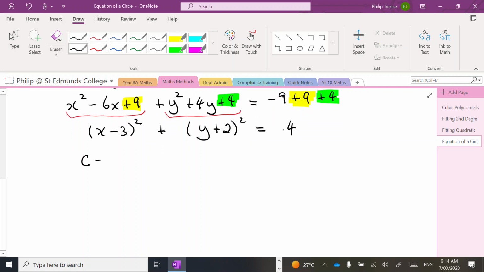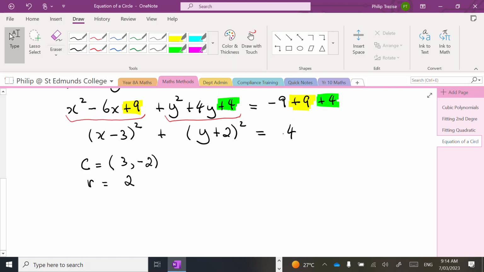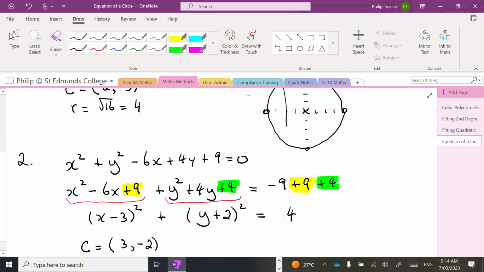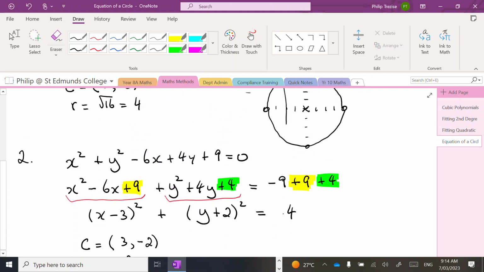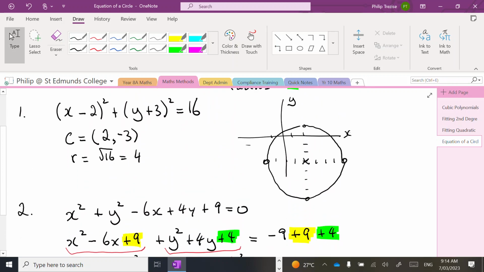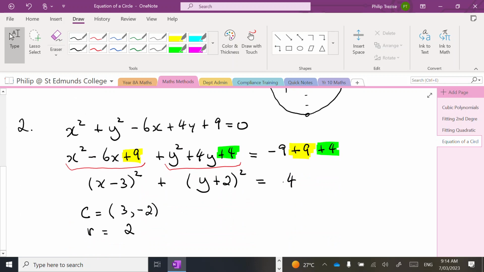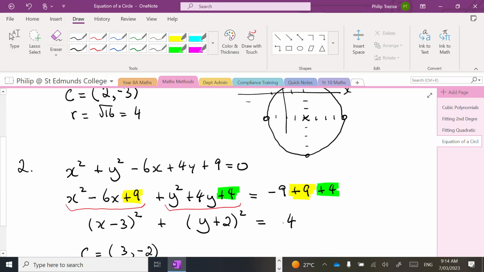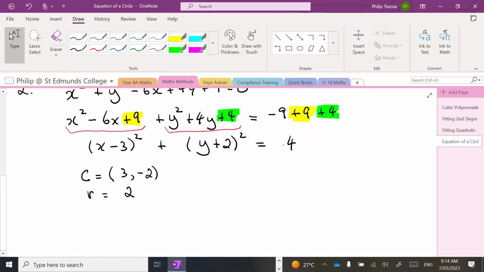The centre point would be at (3, −2), and the radius would be the square root of 4, which is 2. So that's almost the same as what I did earlier, isn't it? It turned out to be not quite the same because I had a 16 there and this one ended up with a 4. But the previous two parts were almost the same.